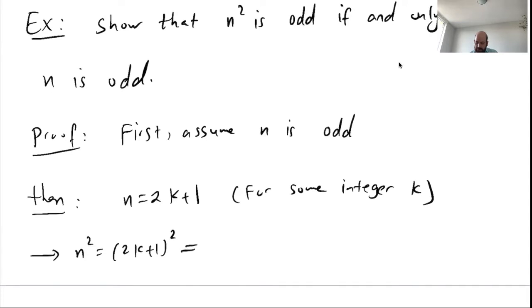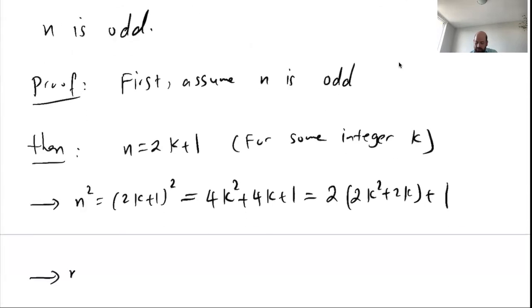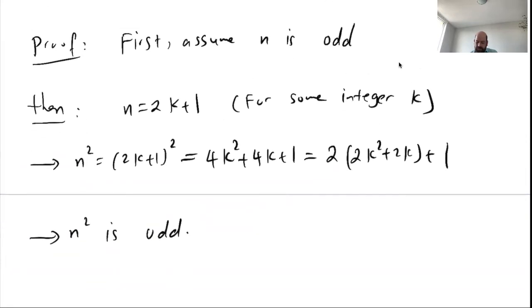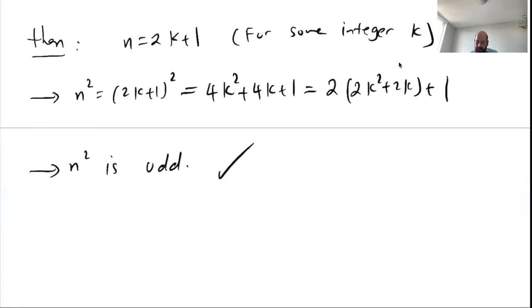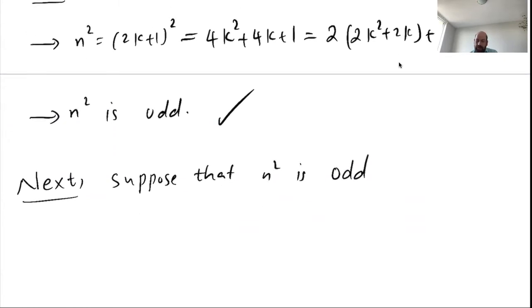And if you remember, we expanded this as 4k squared plus 4k plus 1, and then we wrote it as 2 times 2k squared plus 2k, plus 1, and that means n squared is odd. So see, this direction is done. Next, suppose that n squared is odd, and so the other direction, right?